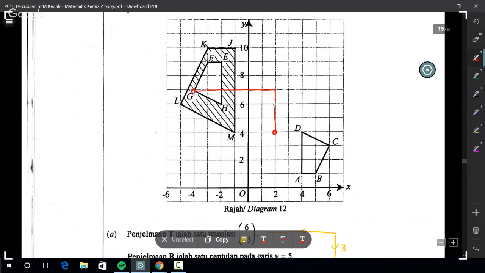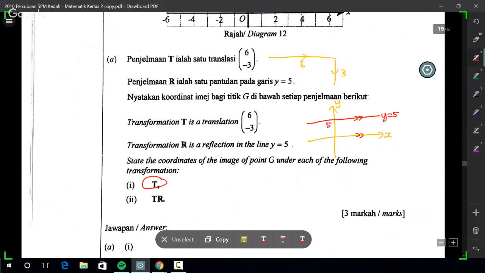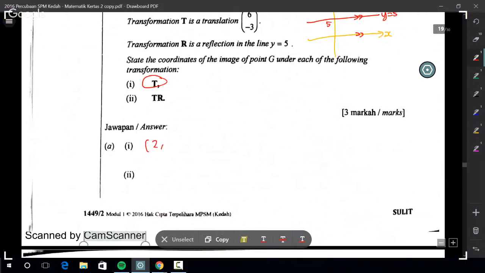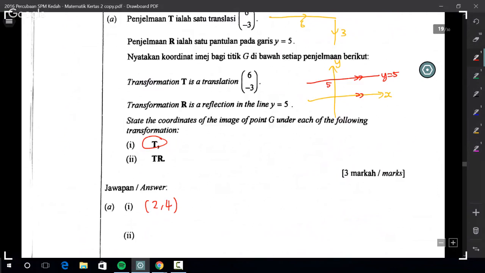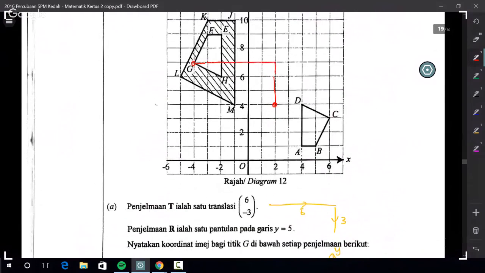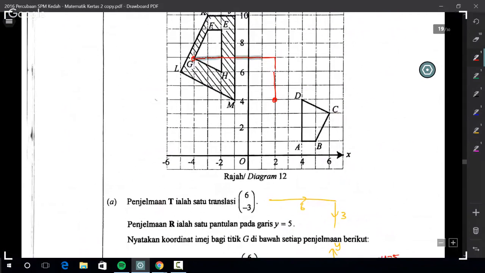G will go to here. So this is (2, 4). So the first one, I write (2, 4). Then let me erase this one.